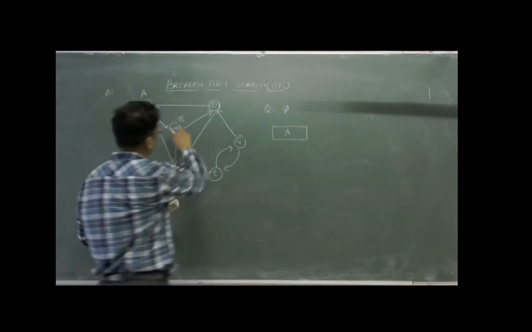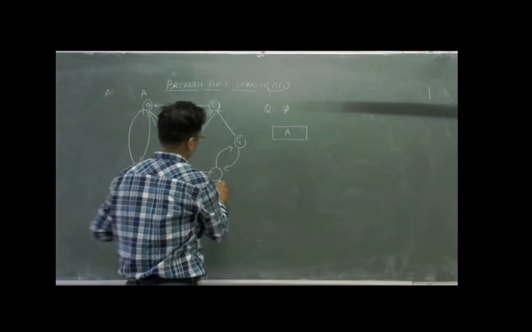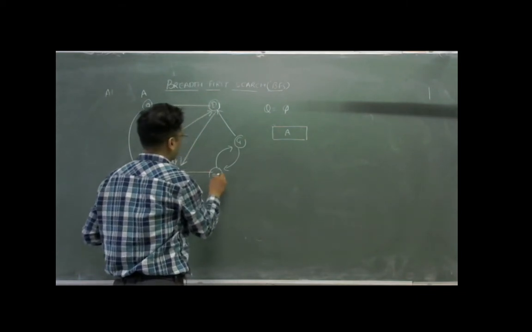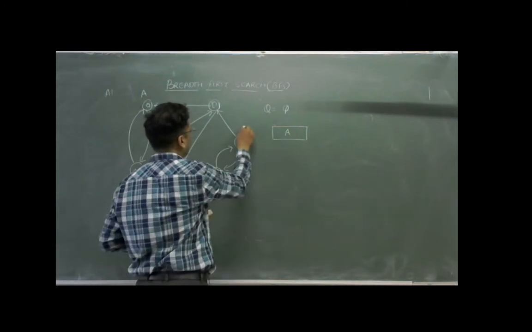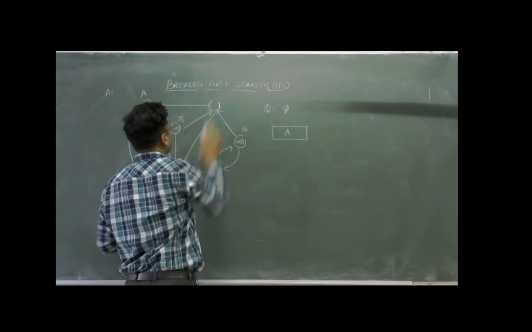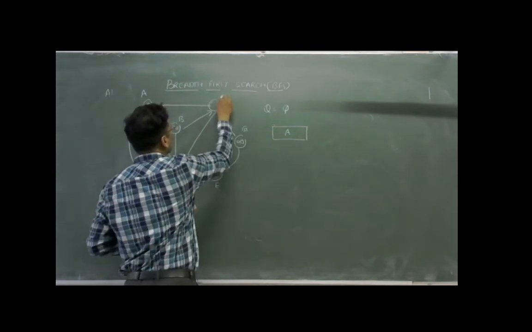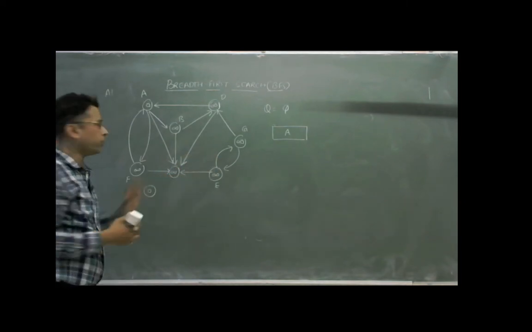and all of the nodes except node A will be of color white. So all these nodes are of color white.